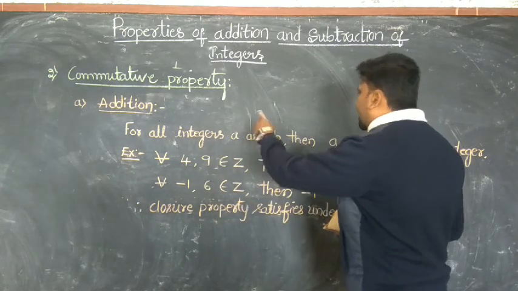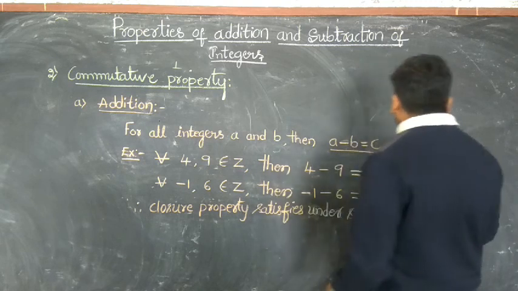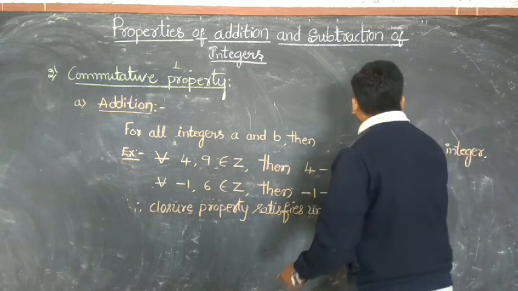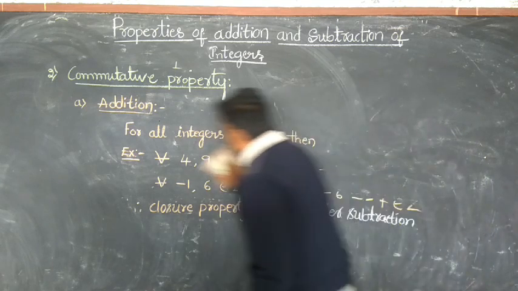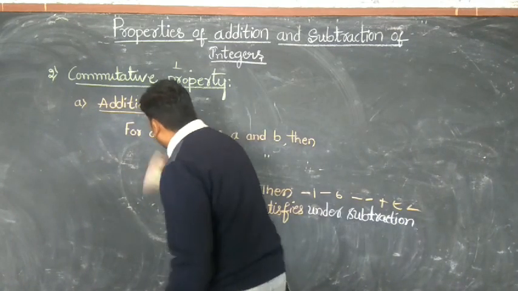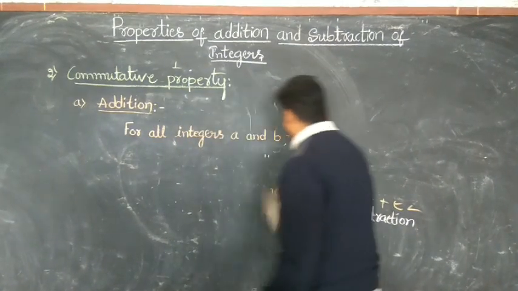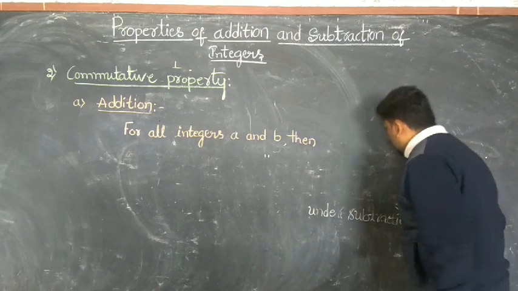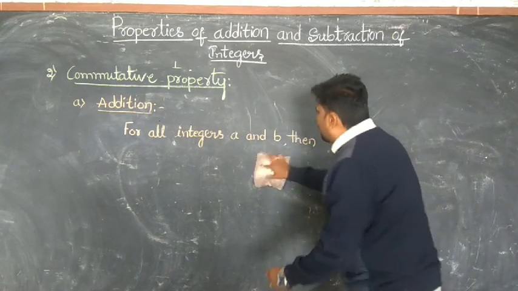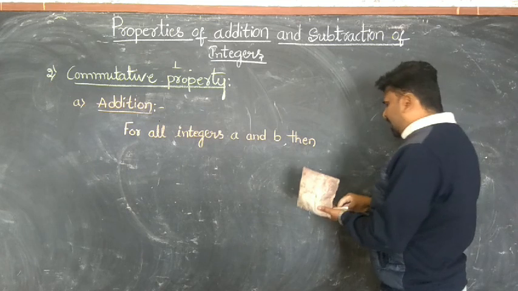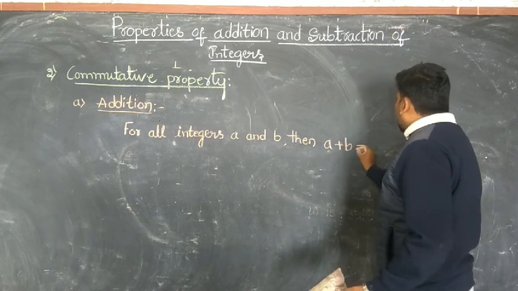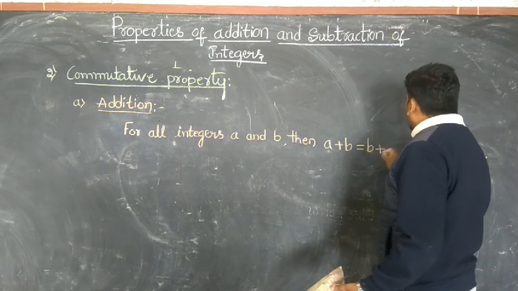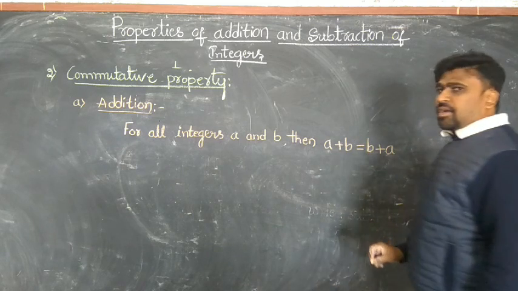See the first rule. For all integers A and B, then A plus B is equal to B plus A. Clear? Reverse.